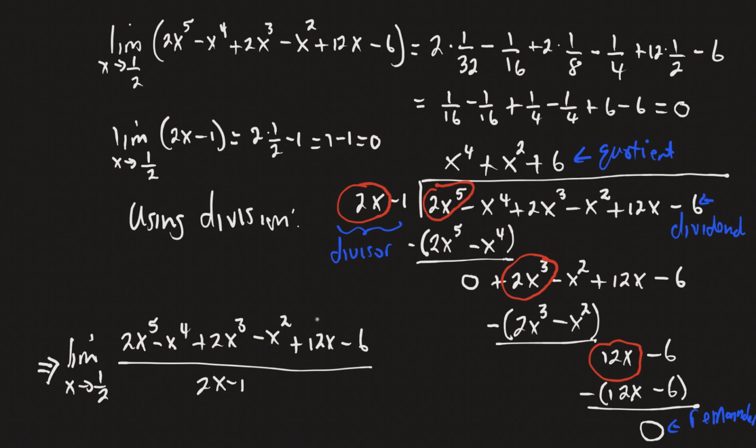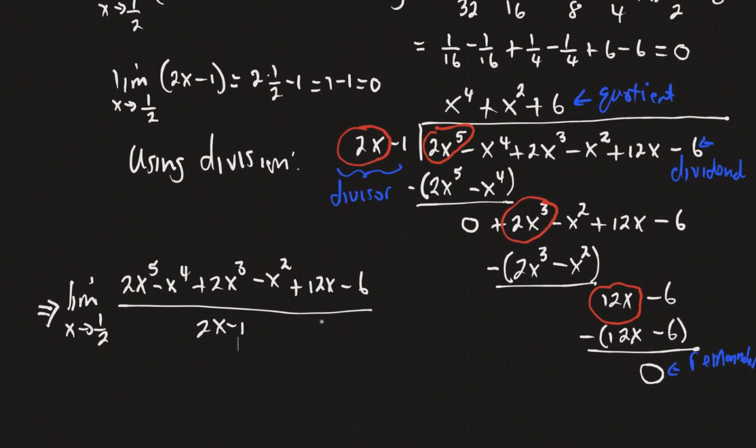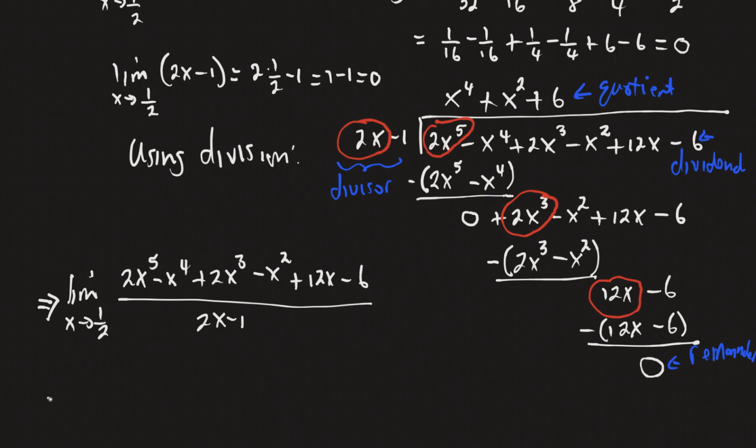Well, when we do that division, what we're left with is the quotient x to the fourth plus x squared plus 6, right? There is no remainder. So essentially we would have, once we write it down, reduced this rational function to its lowest terms. And what are those lowest terms? It's x to the fourth plus x squared plus 6.